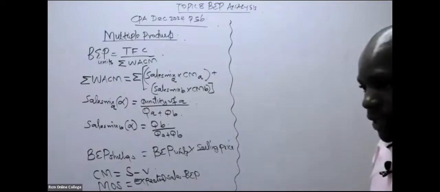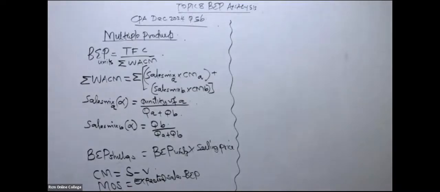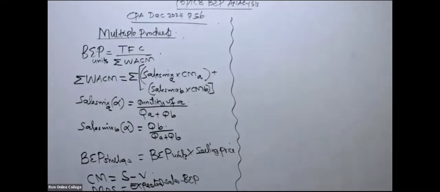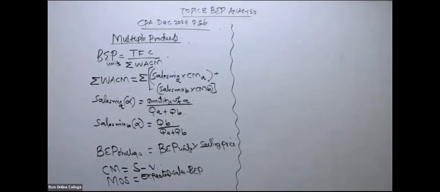Sorry, we are not able to see below. Margin of safety, is it visible? Expected sales minus break-even point. Yes, it should be. Good.